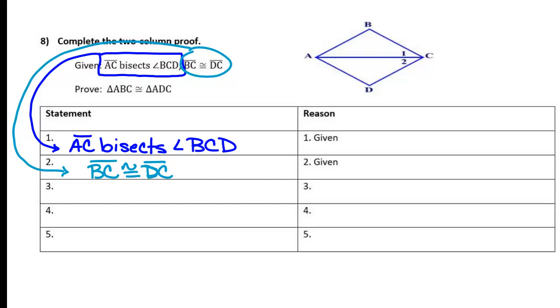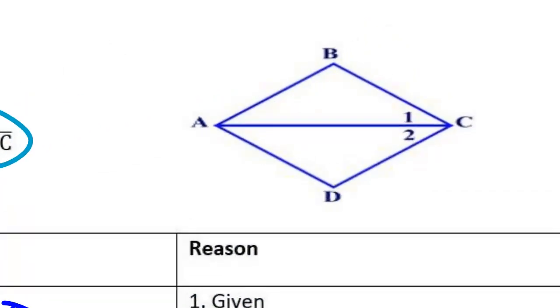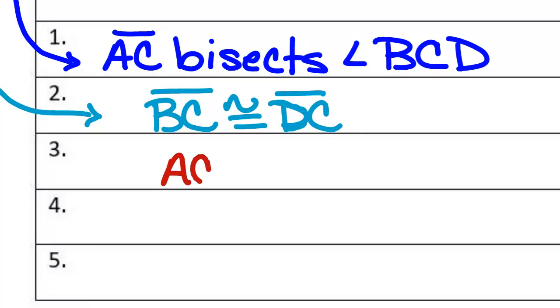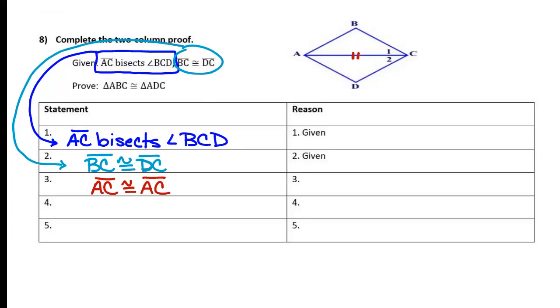Is there anything that I'm allowed to mark on the picture even though I wasn't given that information? AC is congruent to itself. So AC congruent to AC, thank you. And why am I allowed to say that?